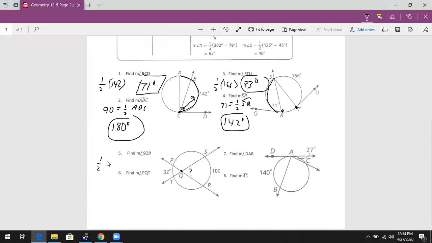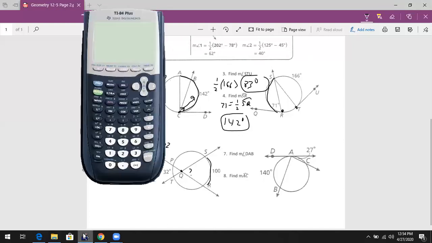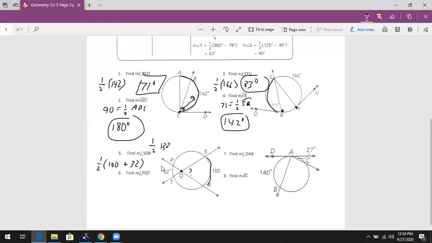So half of the sum of the arc it intercepts, 100, plus the arc its vertical angle intercepts, 32, or half of 132, or 66 degrees.